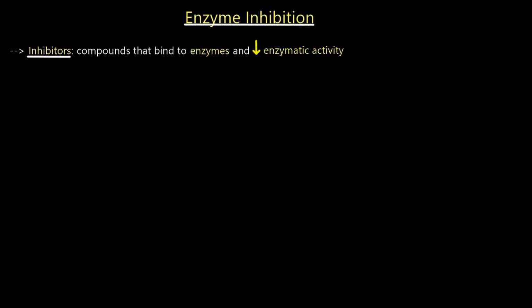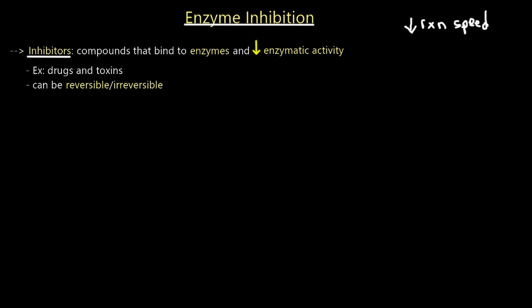So what occurs is that the speed of the reaction decreases because of these inhibitors. And for example, this is typically how drugs and toxins actually work.